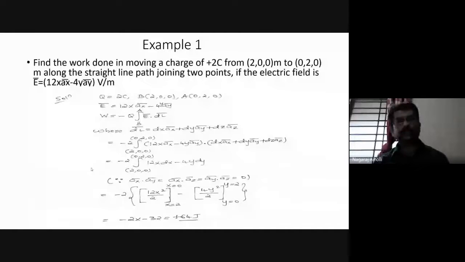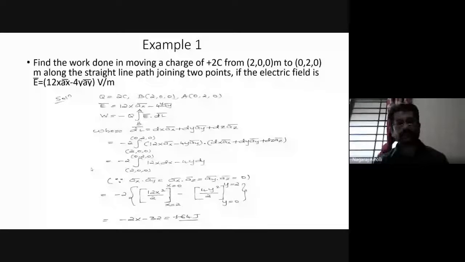Did you take down the statement, students? Note down the question first, then we'll solve step by step. Is it taken down?